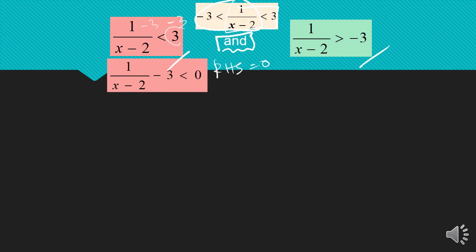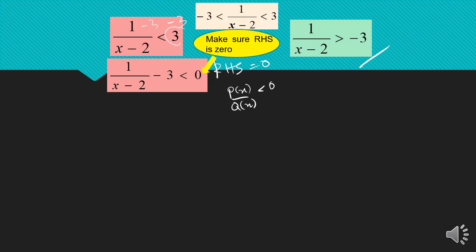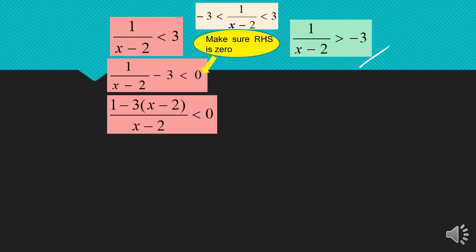Yes, because this is a rational, we have to make sure that it will be in the form of px over qx more than or less than 0. Okay, so first step, make sure the right hand side equal to 0. The second step, we have to find the common denominator to find the px over qx.